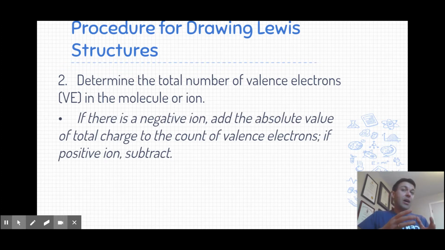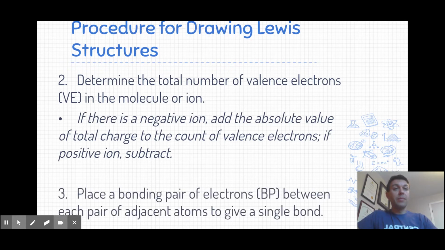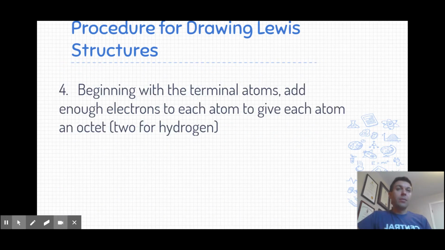Recall that if it's an ion, we either have to add or subtract electrons. Then we created a molecule by forming a bonding pair between each terminal atom and the central atom. Our next step was to complete the octet of the terminal atoms first. Recall that if it's hydrogen, hydrogen only needs 2 electrons to reach that noble gas configuration.